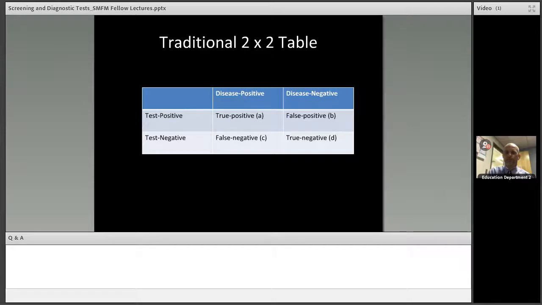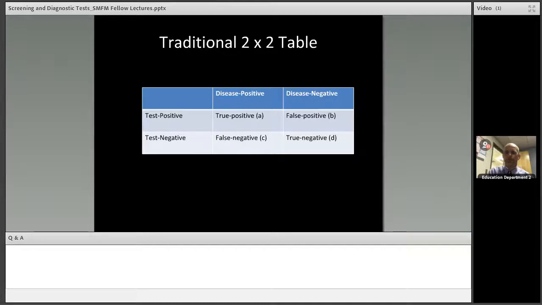So this 2x2 table is very familiar to most of you. So when you have a screening test, you have somebody who is either test positive or test negative. And then you have the disease itself that you're looking into. Is the disease positive or is the disease negative?